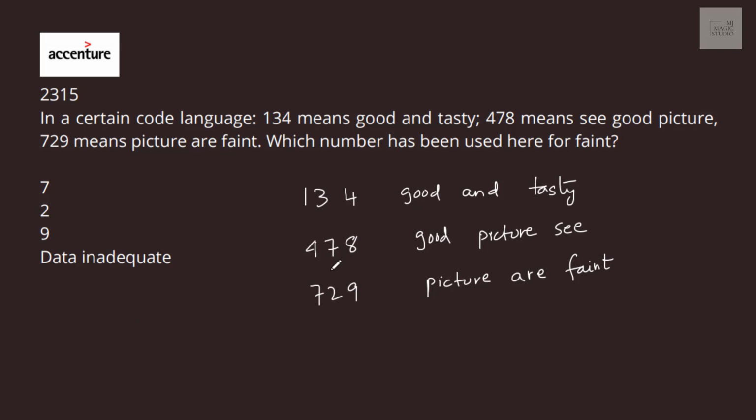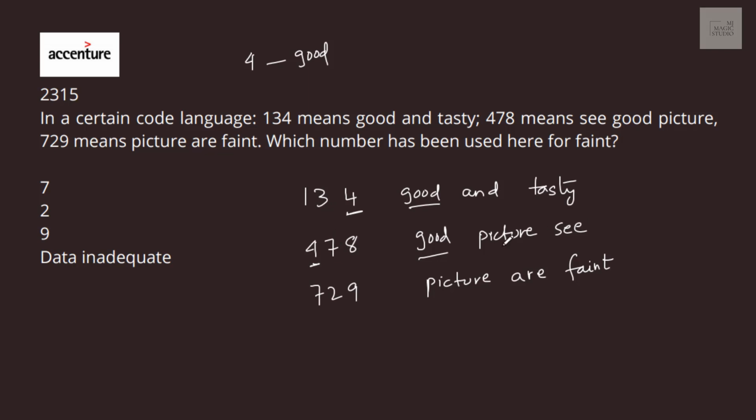Let us see what we can identify. In these two, 4 is common and common is good. That means 4 is good. Done. And tasty is 1 or 3.